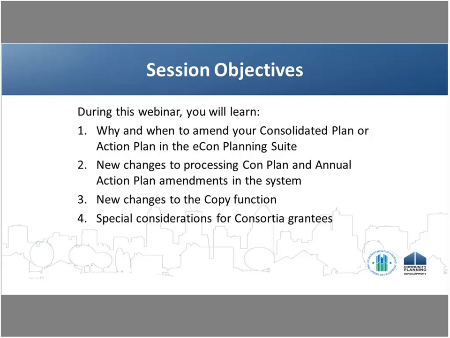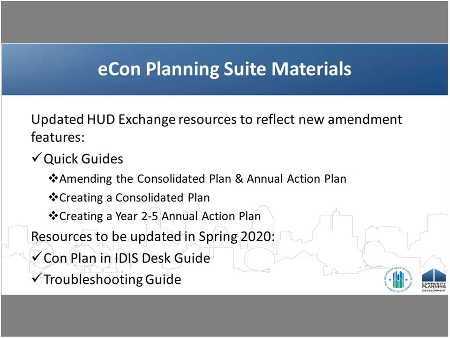All right, great, thanks. So if a grantee wants to find resources about these changes after today, where's a good place for them to look? Good question. We have just recently updated some new quick guides that will include the new instructions for processing amendments for both the consolidated plan and the annual action plan.